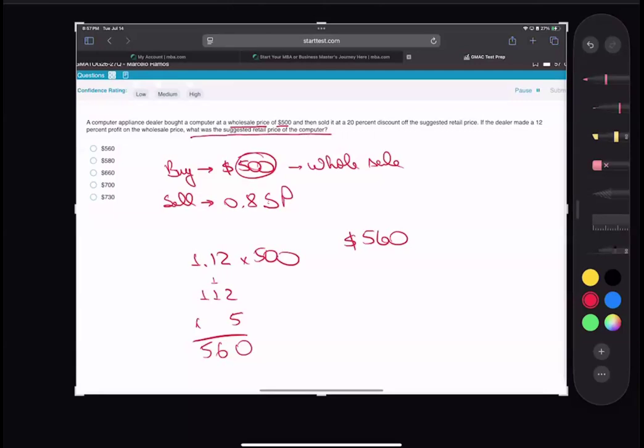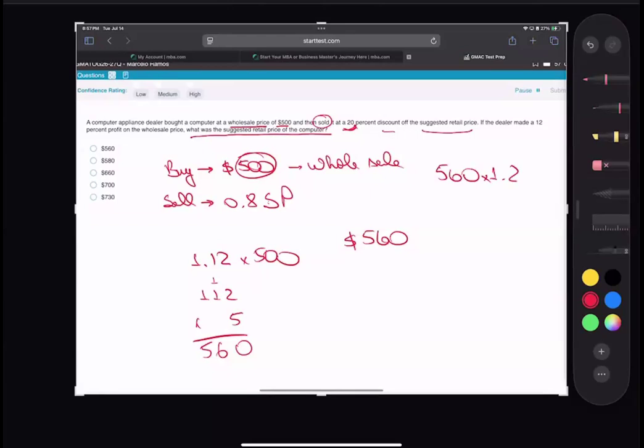The suggested retail price is 20% discount of suggested retail price. Okay, and then sold for 20% discount. Okay. So the other price is 1.2 of this price.